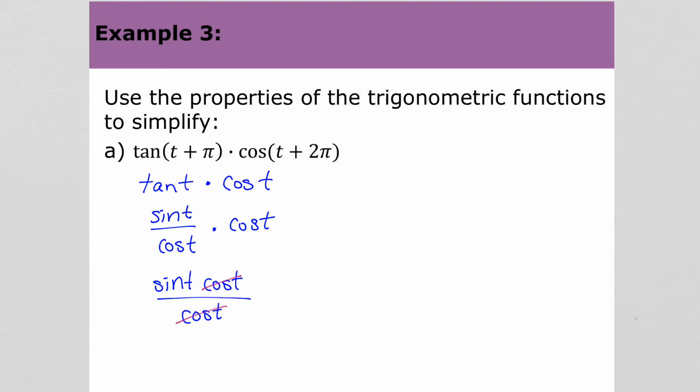Realize that your cosines will cancel out. And simplified, we get sine of t. So that means that the tangent of t plus pi times the cosine of t plus 2 pi is equal to the sine of t.